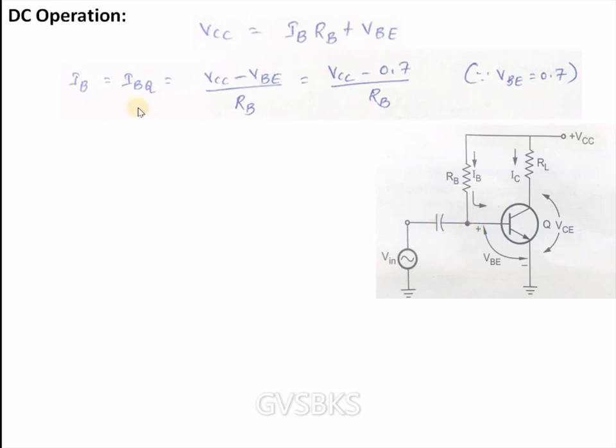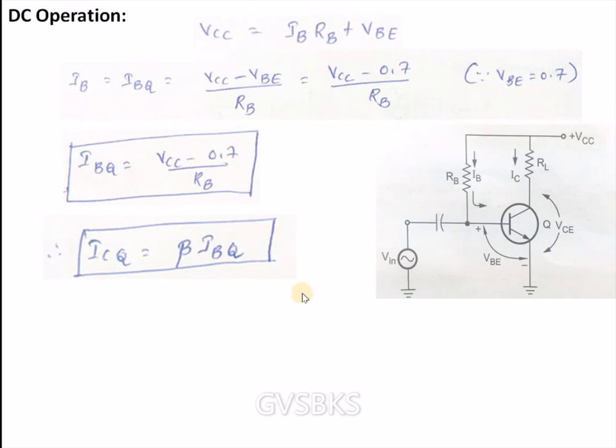Therefore, it can be written as IBQ, the quiescent base current, which is equal to (VCC minus VBE) by RB. And if you assume that the transistor is a silicon type, then the VBE value is 0.7. Then the equation becomes (VCC minus 0.7) by RB.